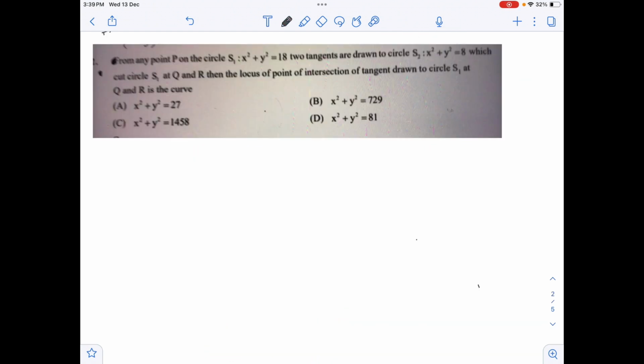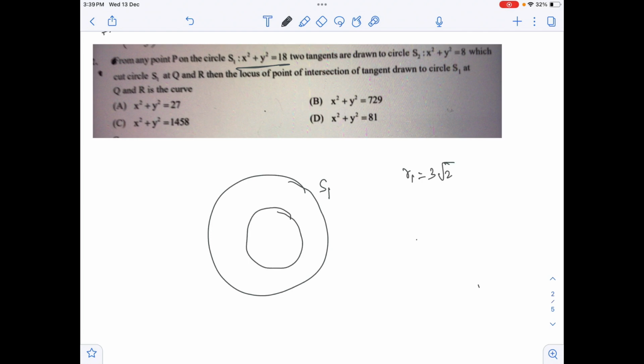P on the circle S1. So we have got two circles. One is S1 having center 0, 0 and radius 3 root 2, that is root 18. We have got another circle S2 which is concentric with radius 2 root 2.